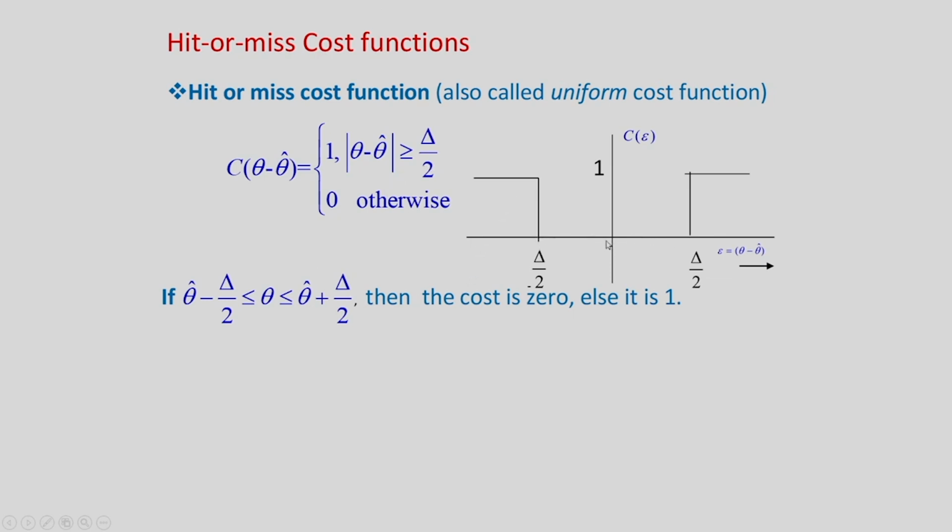If error is within plus minus delta by 2, then cost is 0, otherwise cost is 1. In other words, if parameter theta lies between theta hat minus delta by 2 and theta hat plus delta by 2, then the cost is 0, else cost is 1, and here this delta is a very small quantity.